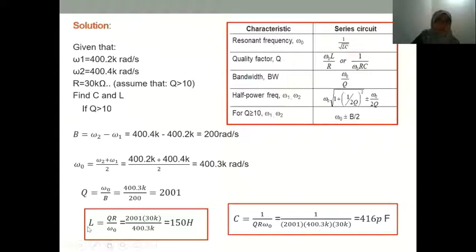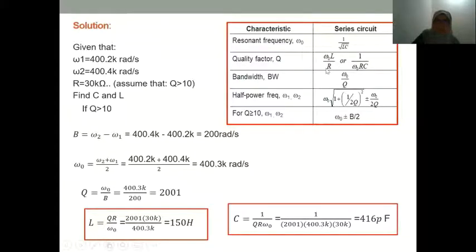Then the question wants you to design the suitable inductor and capacitor for the band pass filter. Your L is equivalent to QR divided by omega naught, from the quality factor.